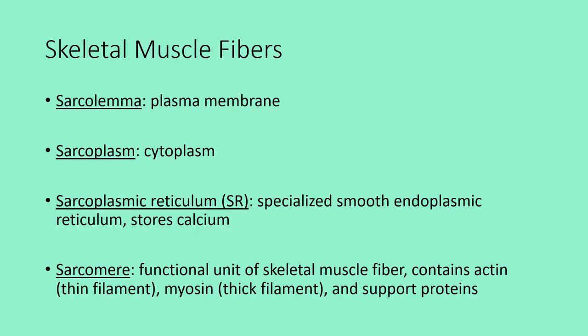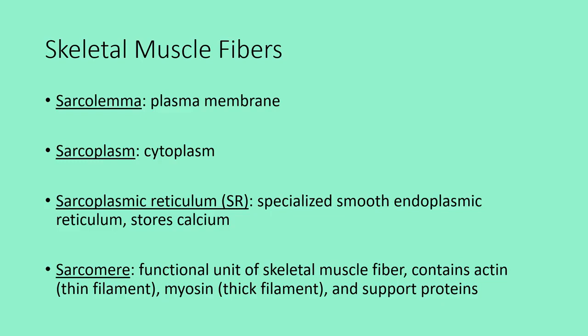And here comes some of the renaming of things. The sarcolemma is a term specific for referring to the plasma membrane of a muscle fiber or muscle cell. The sarcoplasm is the cytoplasm. The sarcoplasmic reticulum, or SR, is a form of smooth endoplasmic reticulum. It is specialized in the muscle fiber so that it's able to store calcium.